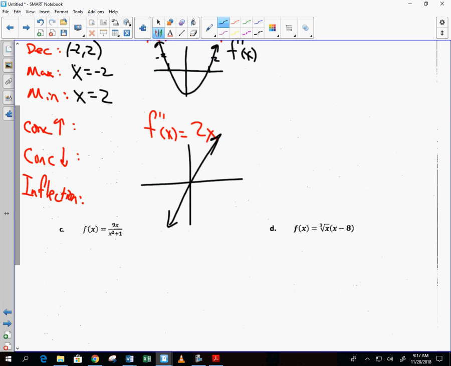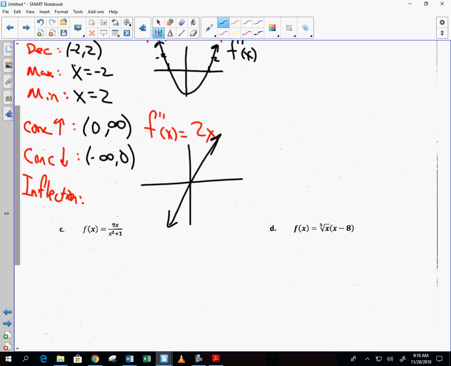What's the definition for concave up? F double prime is greater than 0. This is f double prime. Where is f double prime greater than 0? From 0 to infinity. Where is f double prime negative? Inflection occurs where f double prime changes sign.